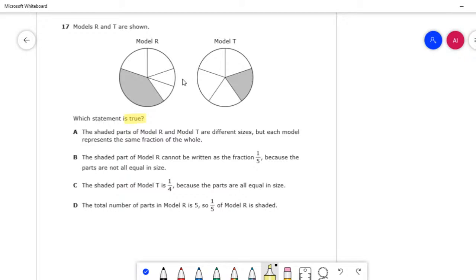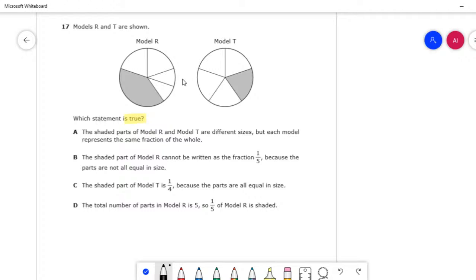So let's just remember one thing about fractions, because there's one thing that we should be able to see in model R that's just a little bit awkward, and that is the fact that the different parts are not equal. And it's really difficult to make a fraction with unequal parts. Like, we can only get an accurate fraction if all of the parts of the whole are the same size.